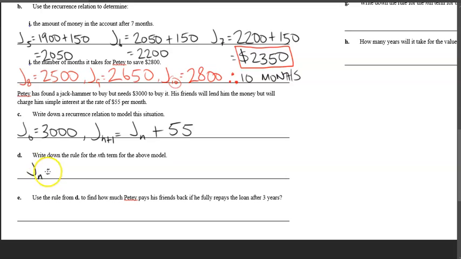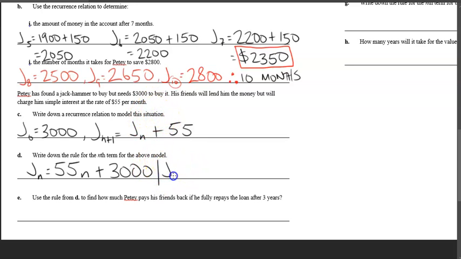To get J of n, this is going to be equal to whatever the common difference is, in this case 55, multiplied by n, so 55n. Then whatever we find this to be, we add the initial amount of that initial loan that was taken out by PD.